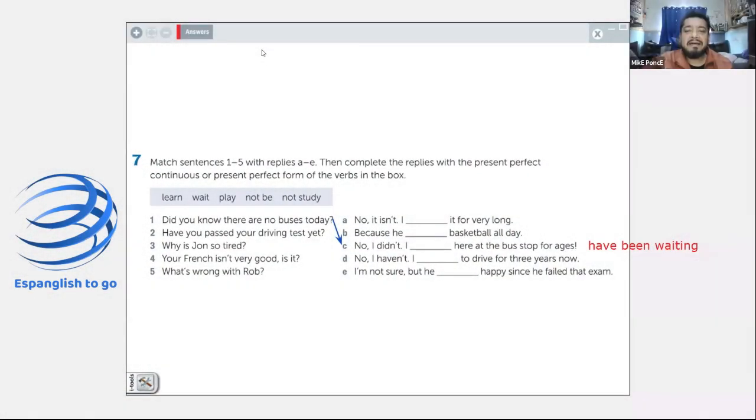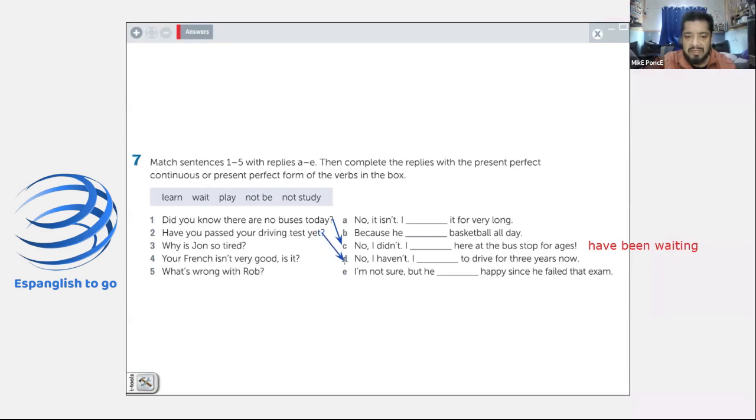Okay, well, now it's time to check the answers. In number 2, we have you passed your driving test yet? So in this case, the answer must be no or yes. In this case, the question is with present perfect.